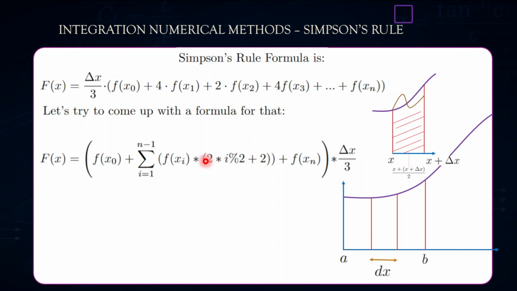So 1 times 2 plus 2, that would be 4 times f(xi). For the even placed numbers, the numbers with even index, like f(x2) for instance, 2 modulo 2 gives you 0, 0 times 2 is 0, and what remains is plus 2, because the first one has cancelled out, so you still have 2 times f(xi), which is this product here.